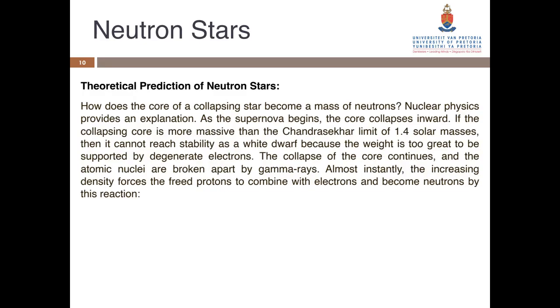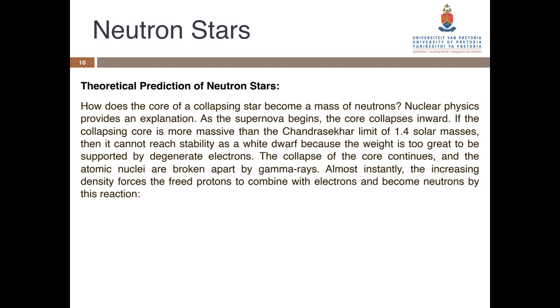So how does the core of a collapsing star become a mass of neutrons? Nuclear physics provides an explanation. As the supernova begins, the core collapses inward. If the collapsing core is more massive than the Chandrasekhar limit of 1.4 solar masses, then it cannot reach stability as a white dwarf because the weight is too great to be supported by degenerate electrons.